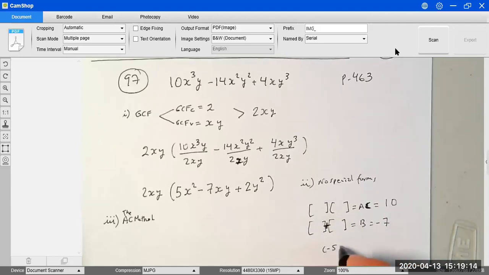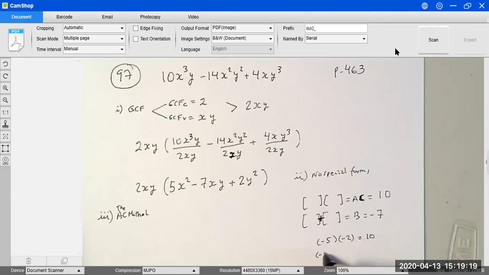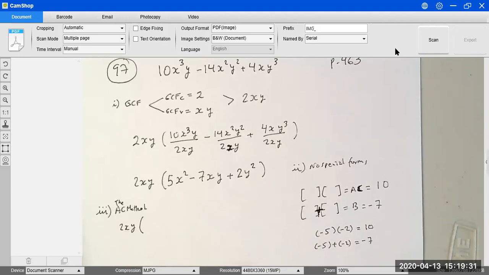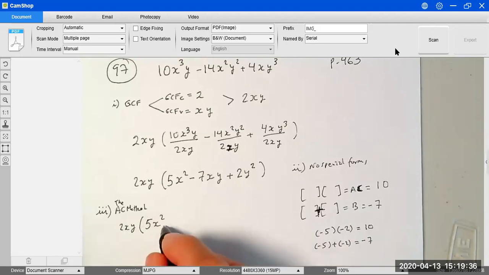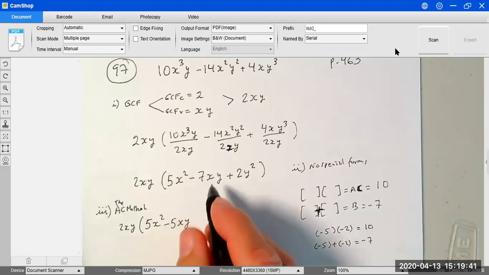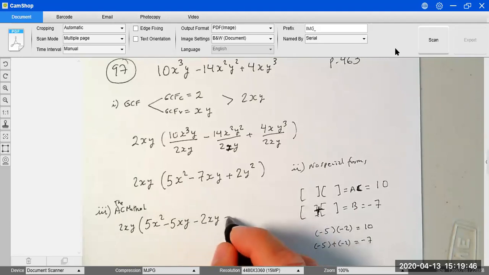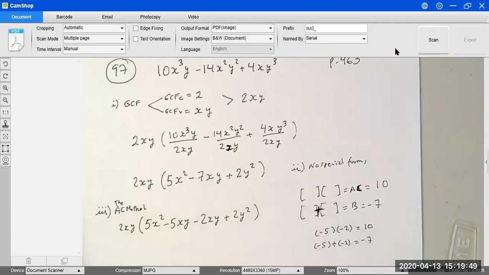Again, it's going to be negative 5 and negative 2, because the product is 10 and the sum is negative 7. Okay, so I'm going to break the middle term into pieces. So the first term is 5x squared, and I'm going to write negative 5xy, because those are the variables for the middle term, minus 2xy again, plus 2y squared.